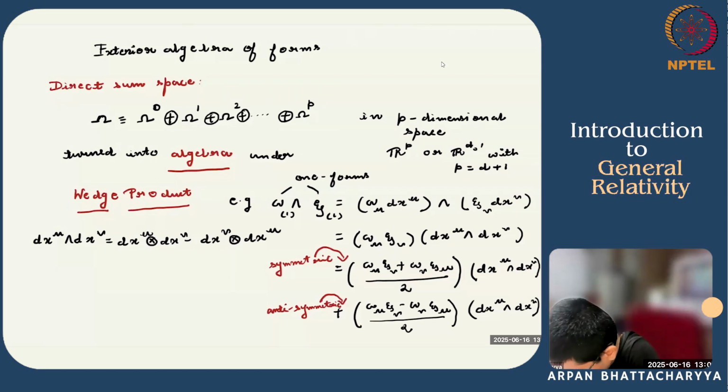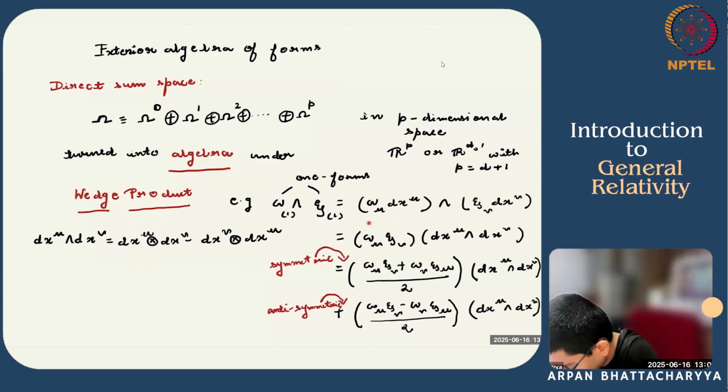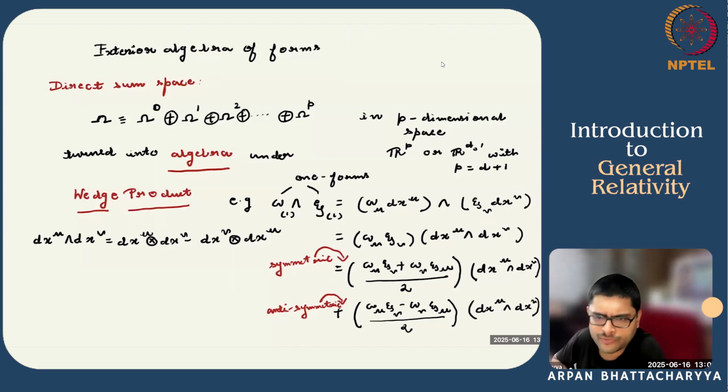So for example, let's take one-forms omega and xi, and let's take the wedge product. Each of them we have written in terms of a component and basis. Then we have this, and this is the basis element of the wedge product of these one-forms, dx^mu wedge dx^nu, which is the completely antisymmetric product of these two coordinate differentials.